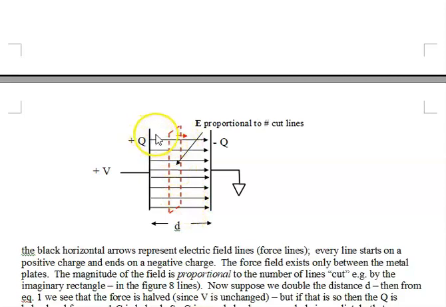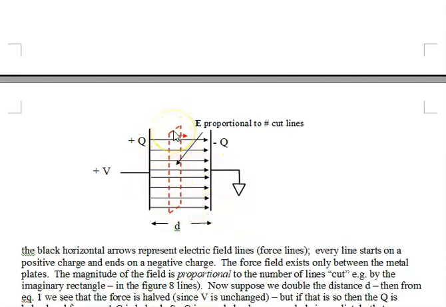If this imaginary area was right on the left side, it would cut 8 lines. If it's on the right side, it would cut 8 lines. So the magnitude of the electric field doesn't change as we go from left to right.